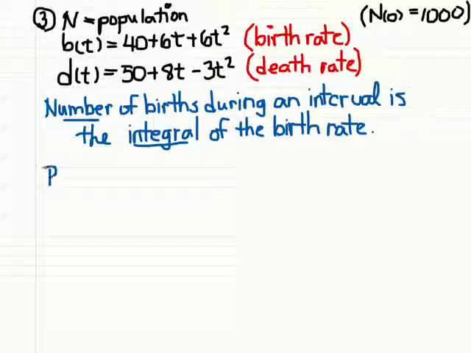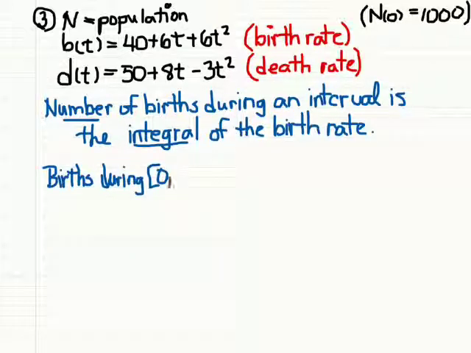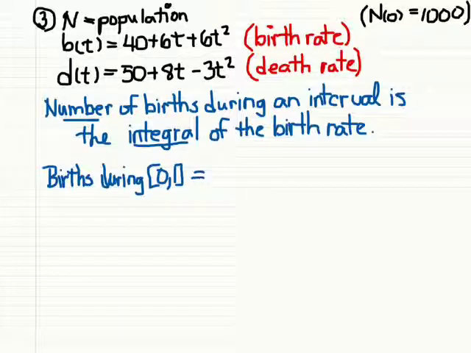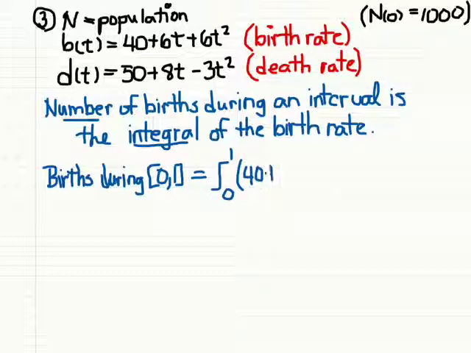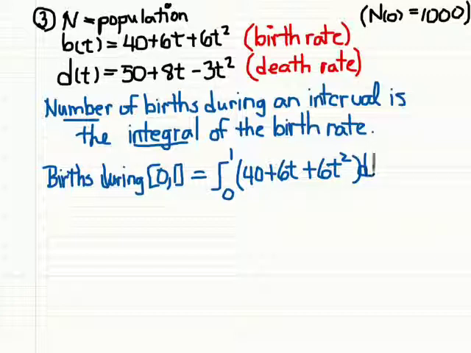So the births during year 1, which corresponds to the interval 0 to 1, is going to be computed as an integral from 0 to 1 of the birth rate, 40 plus 6t plus 6t squared, dt.